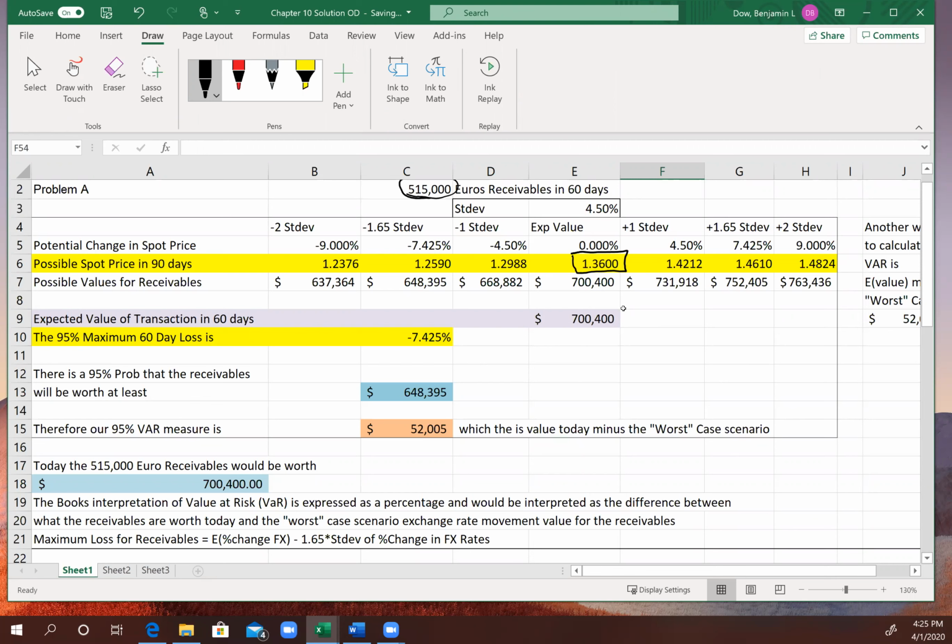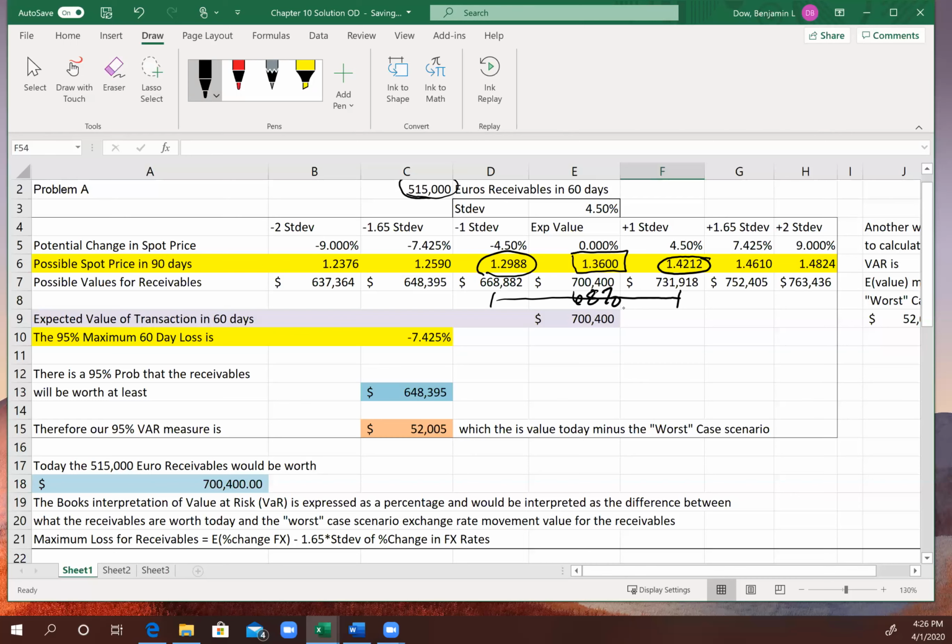But we know that it could go up or down, and depending on how many standard deviations we want to do, plus or minus 1 standard deviation would put 68% likelihood that the euro would either be 1.2988 or 1.4212. Now the question is, how do we get these numbers?